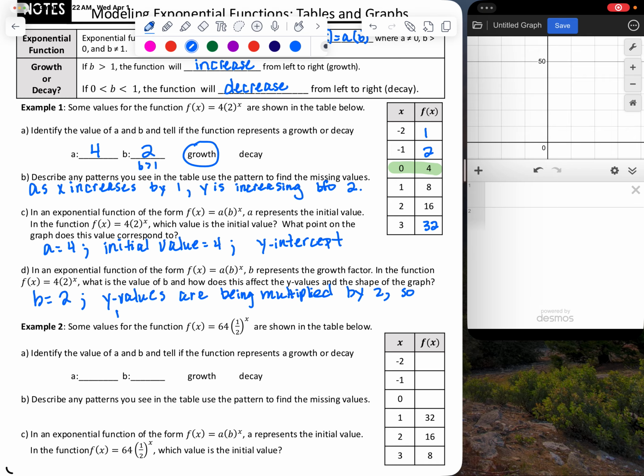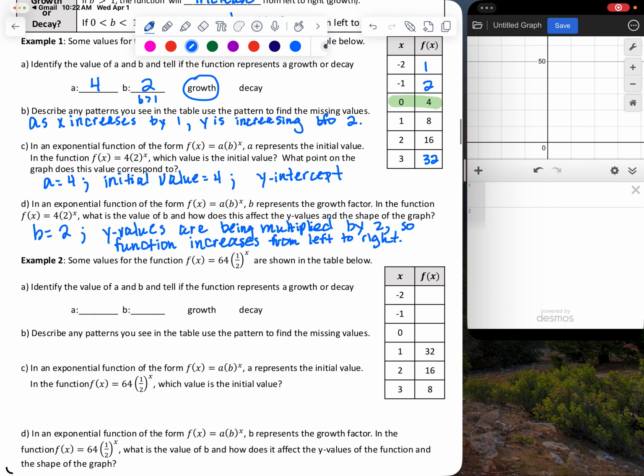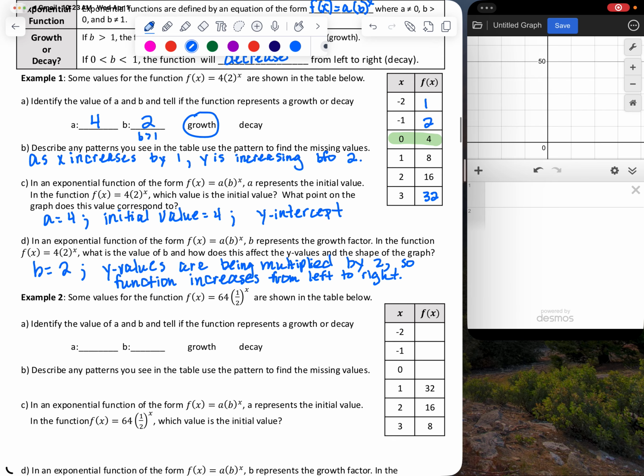So the function increases from left to right. The y values are all being multiplied by 2, so the function increases from left to right.